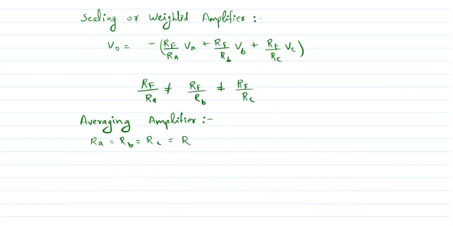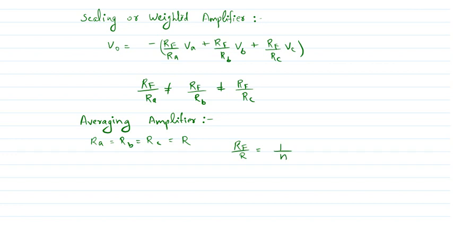But here the value RF by R will be equal to 1 over the number of inputs, that is, how many inputs we are giving. So the value of RF by R will be equal to 1 by that number.